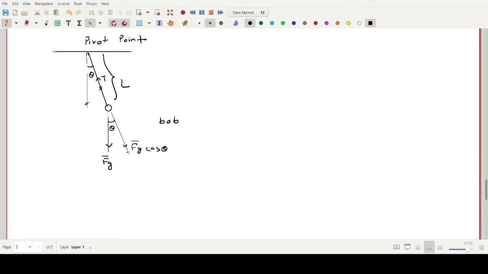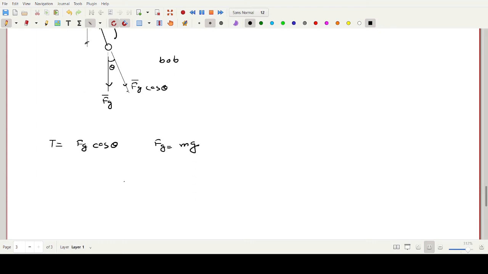Since there is no motion along this line, T equals Fg cos theta. Now Fg equals mg, the mass of the bob times g. So T equals mg cos theta.